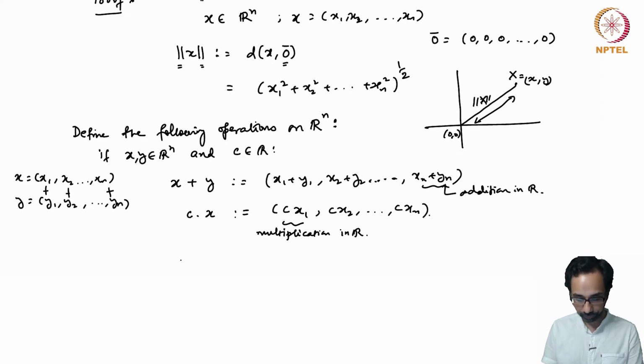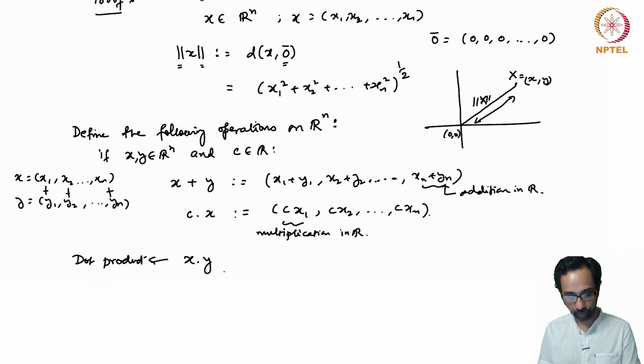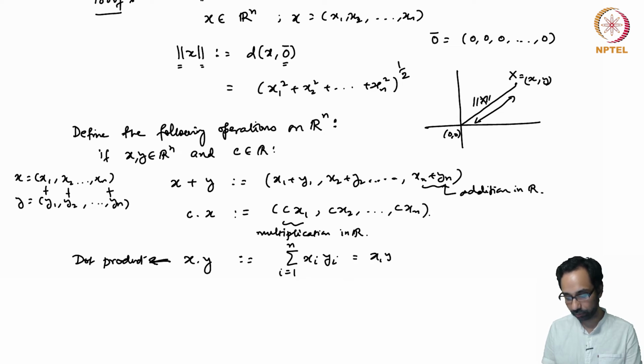And finally, we define the dot product of two points in R^n, and this is nothing but the sum from i equals 1 to n of xi yi. So this is x1 y1 plus x2 y2 plus up to xn yn.